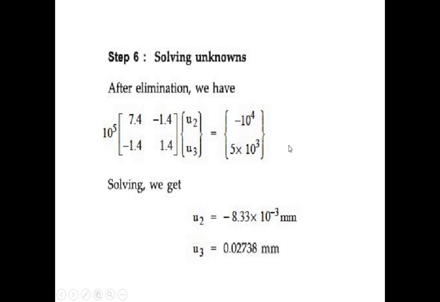Second equation: minus 1.4 into 10 raised to the power 5 U2 plus 1.4 U3 equal to 5 into 10 raised to the power 3. By solving these two equations simultaneously, you get the values of U2 and U3 as minus 8.33 into 10 raised to the power minus 3 mm, and 0.02738 mm.